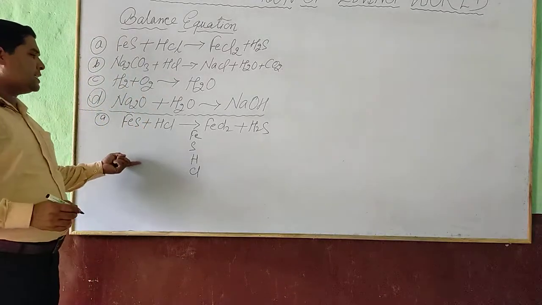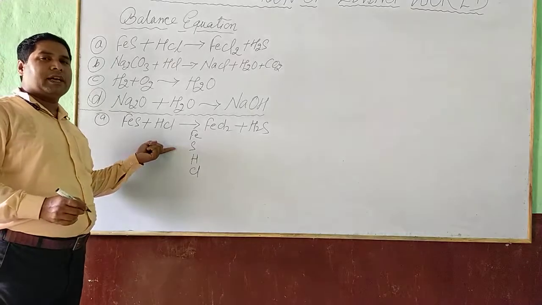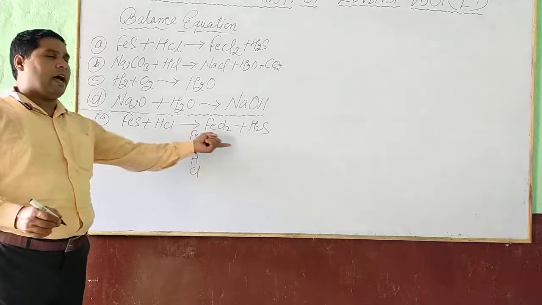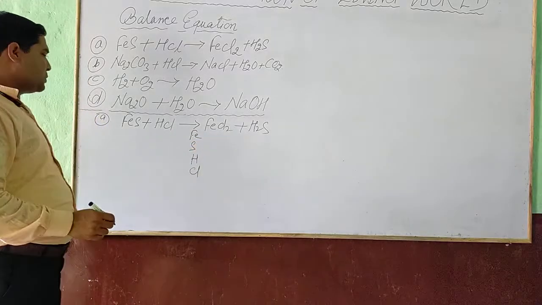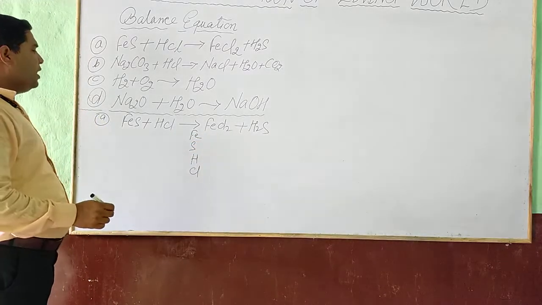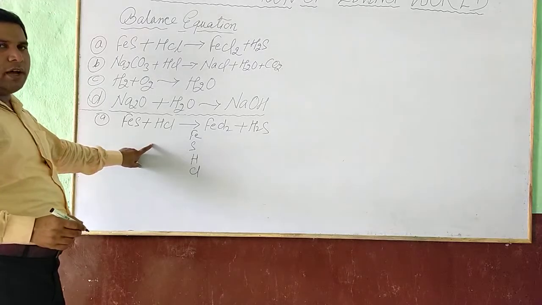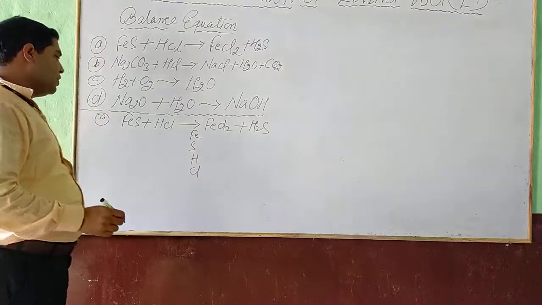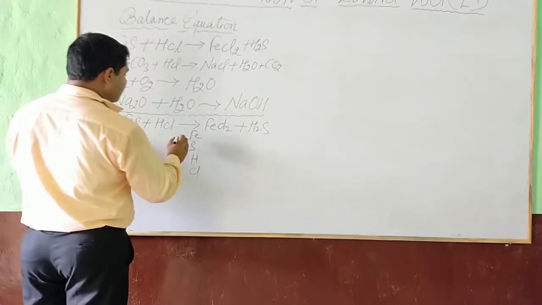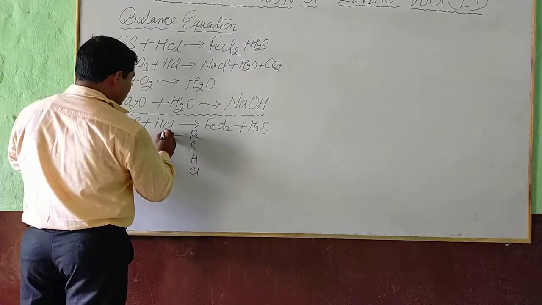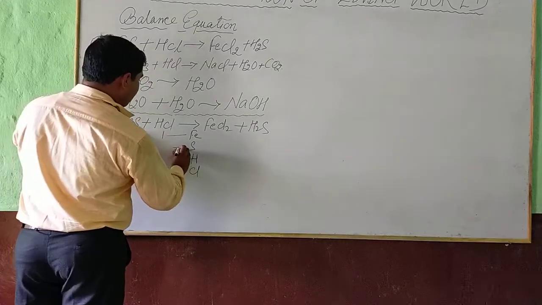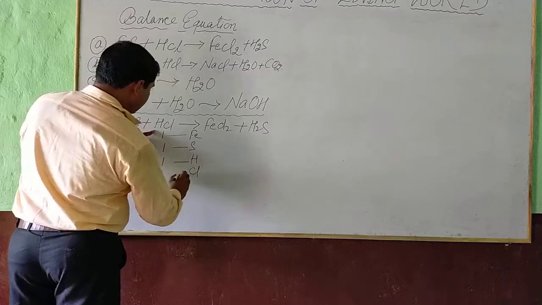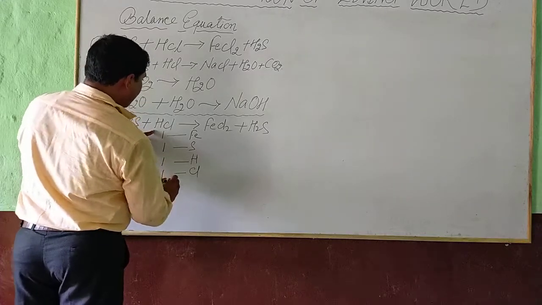Now the second step, we have to count the number of atoms of each element in the reactant side and the product side. See here, reactant side: iron 1, sulfur 1, hydrogen 1, chlorine 1.